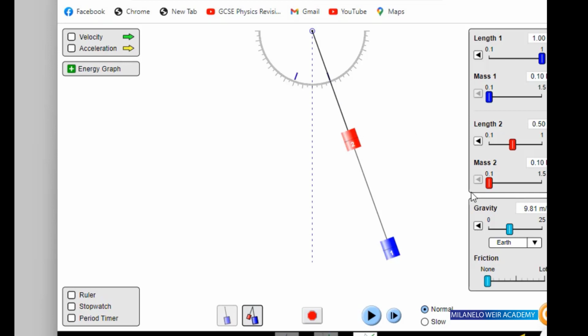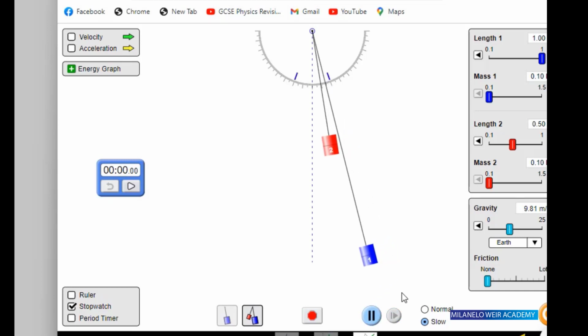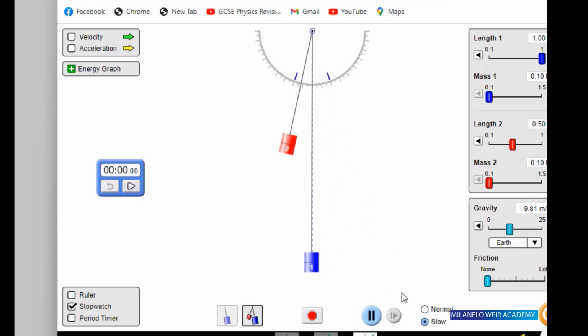Oh, what should I do? Maybe I should make it move a little bit slowly so that we see what is going on and talk about it. So let me use the stopwatch here. Let me have them oscillate. Yes, look at red. Red is already in front.